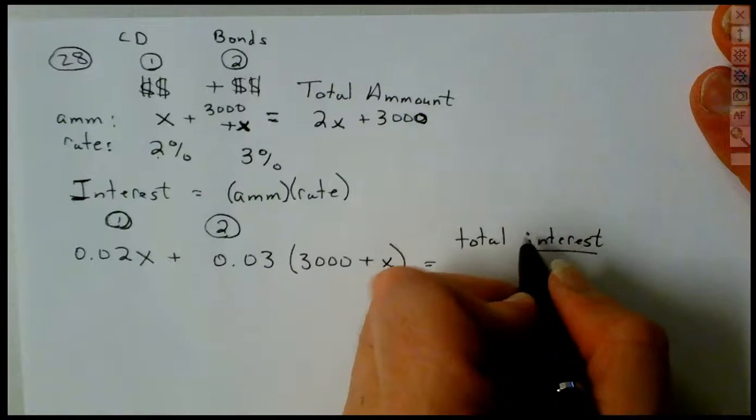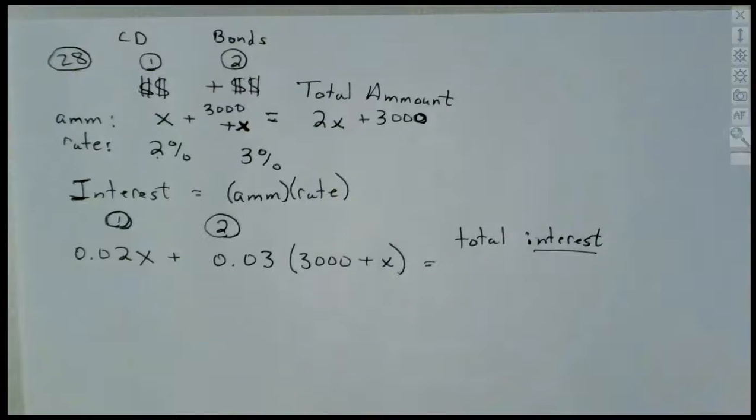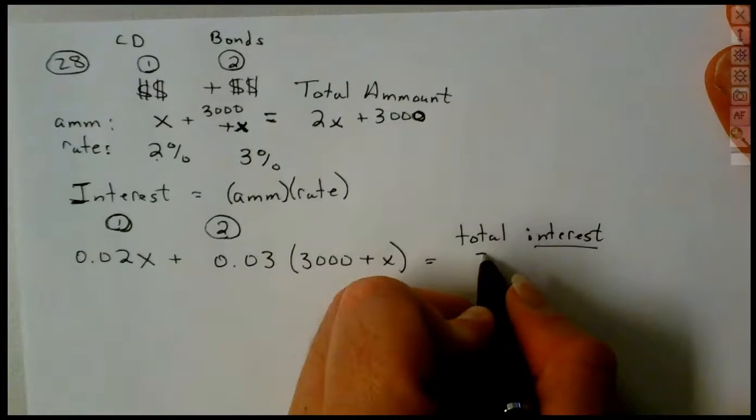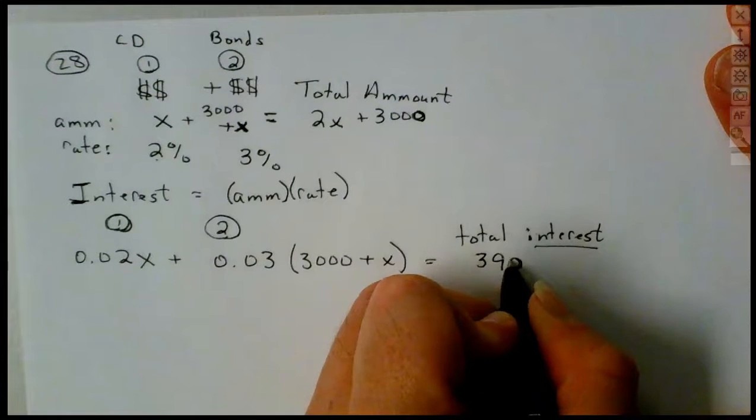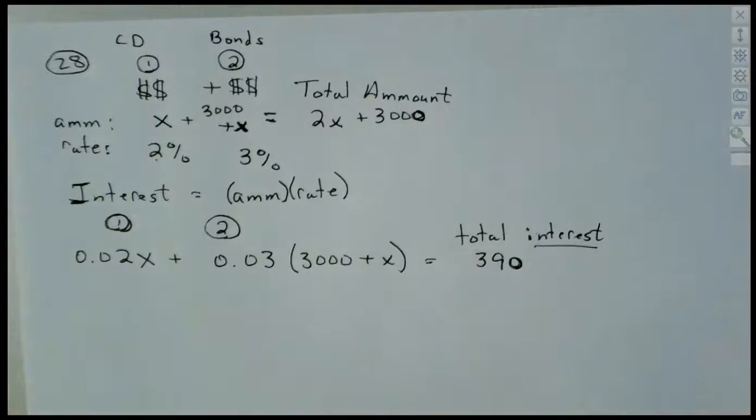And how much total interest did I make? It comes from the question. It says, Margaret made $390. So that's your total interest. So she made $390.